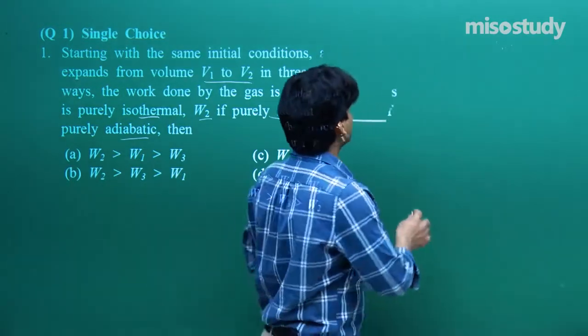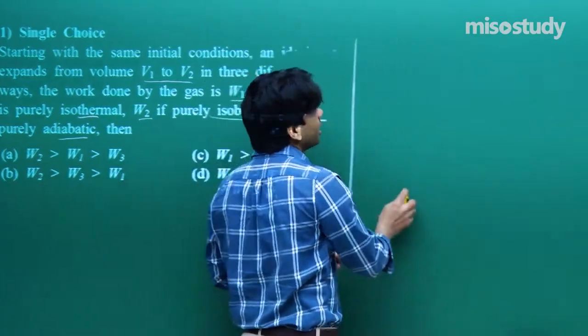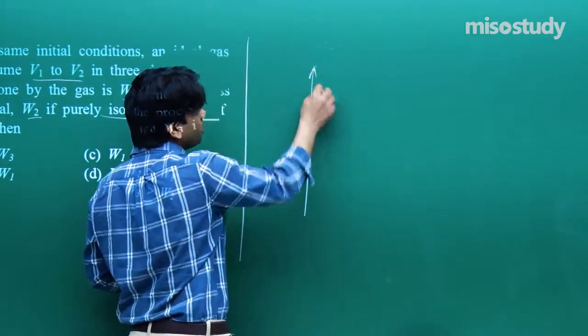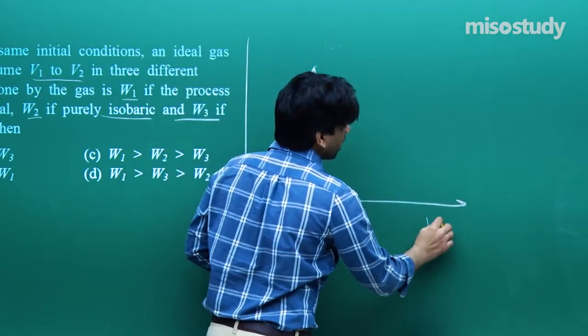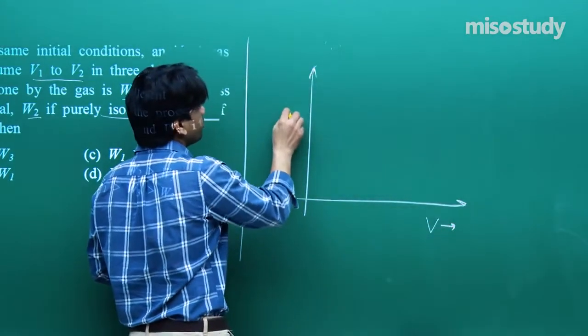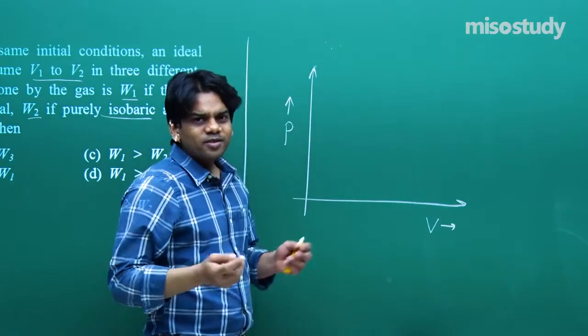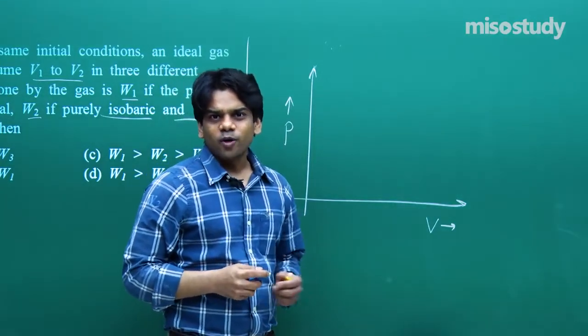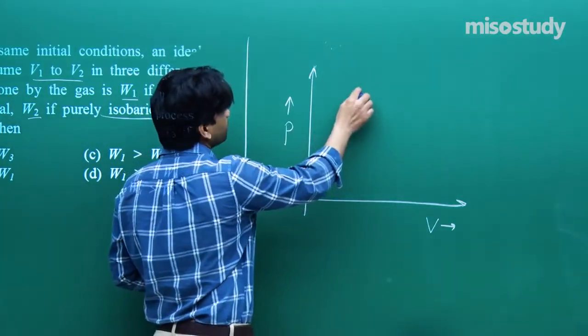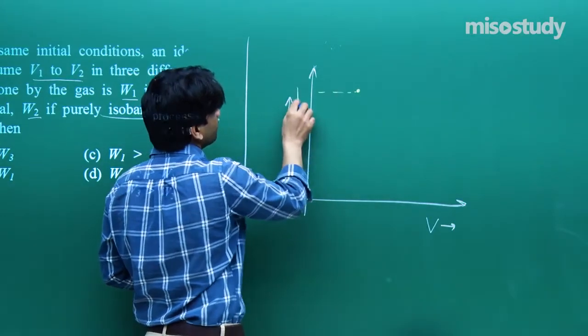First of all, let me show you in the 3 cases, if we draw a PV curve, here I am drawing volume, here I am drawing pressure. Since the gas starts at volume V1, let's say the pressure is P0.